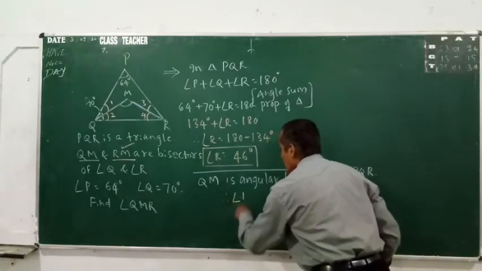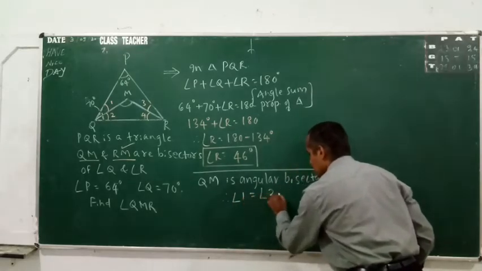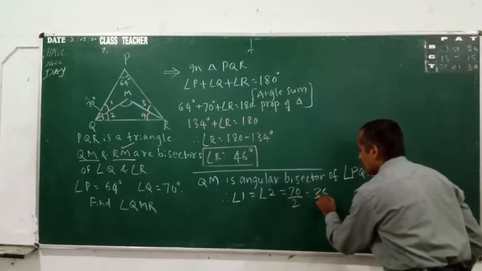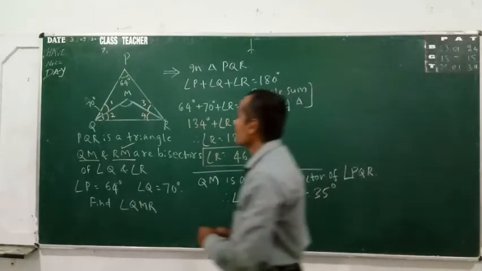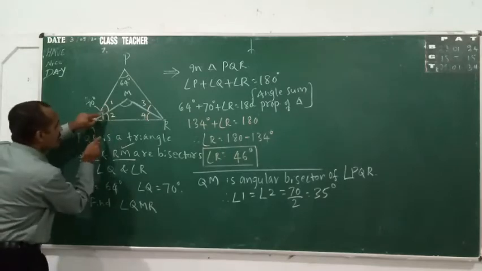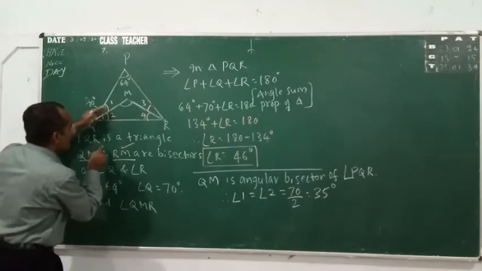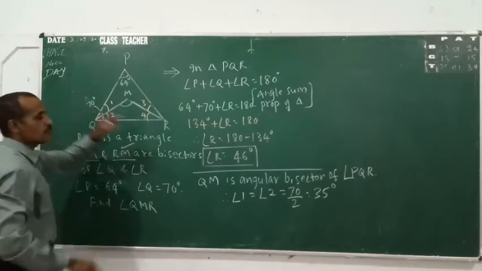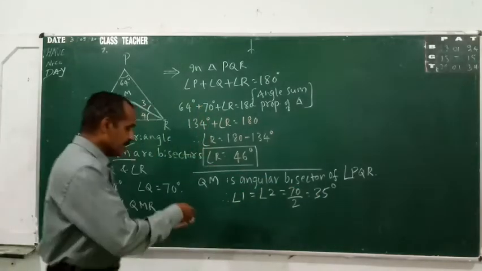Therefore, angle 1 is equal to angle 2, which is equal to 70 by 2, nothing but 35 degrees. What have you done? This is 70 degrees, divided into two equal parts. Since it is an angular bisector, both angles are equal. So each angle is equal to 70 by 2, nothing but 35 degrees.